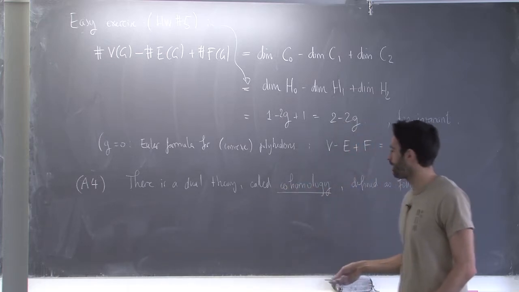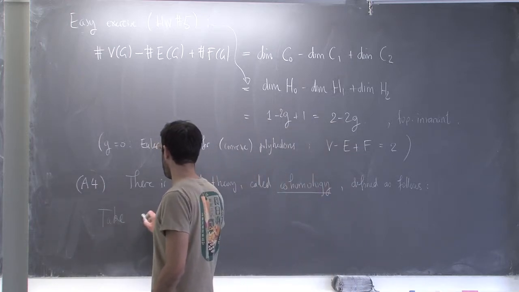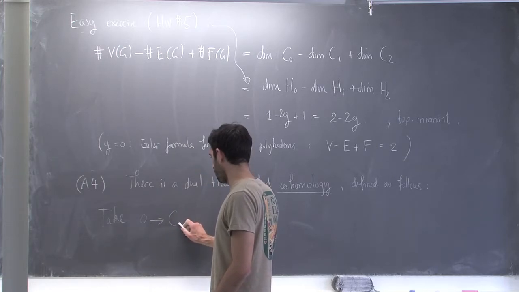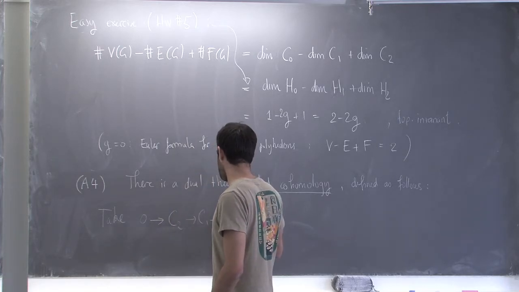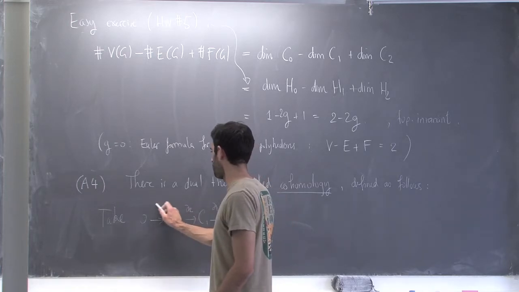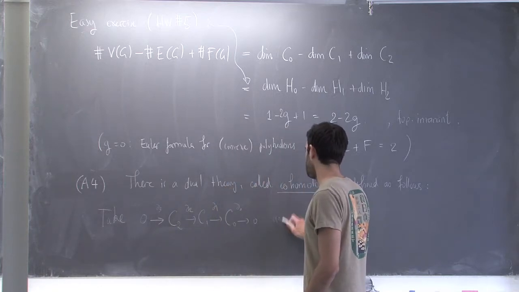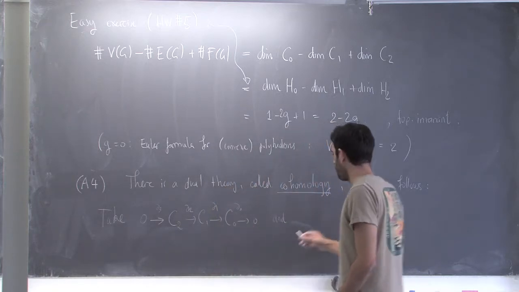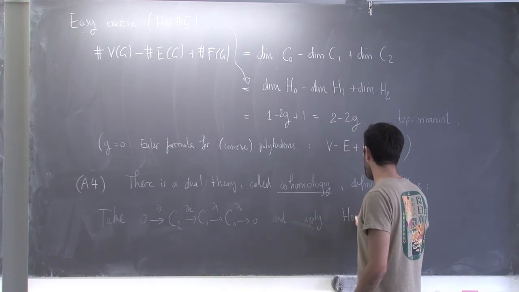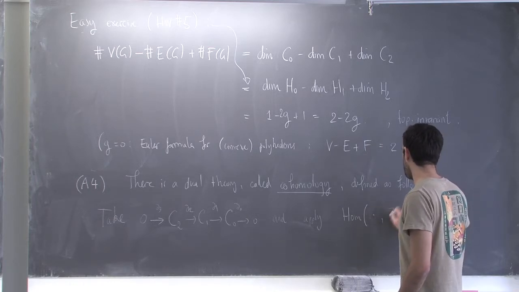You just take what is called the chain complex that we had, so C2, C1, C0, and just look at the dual, and apply Hom to Z2.